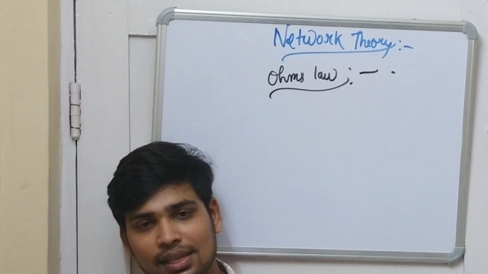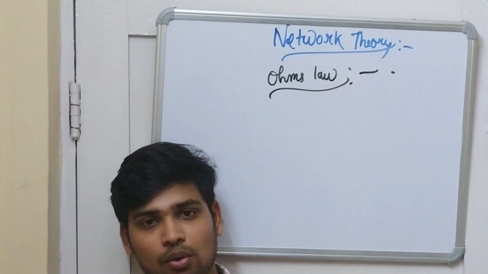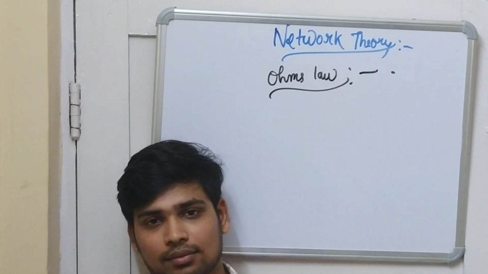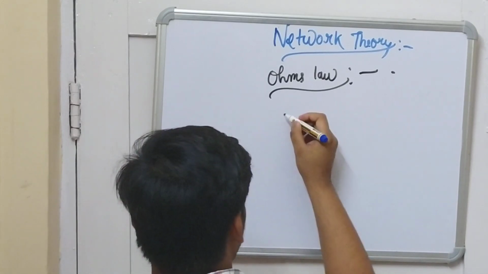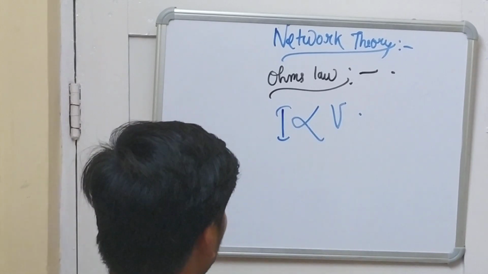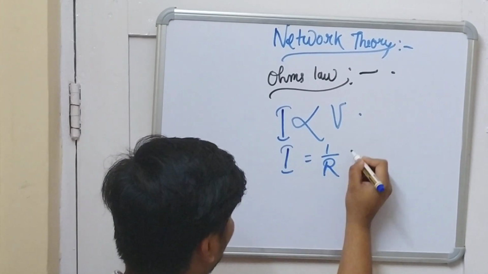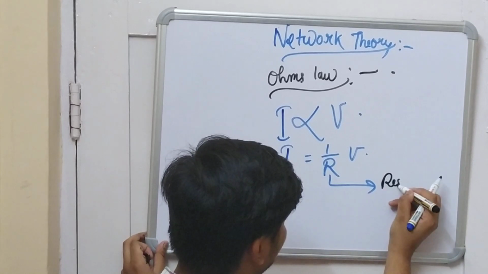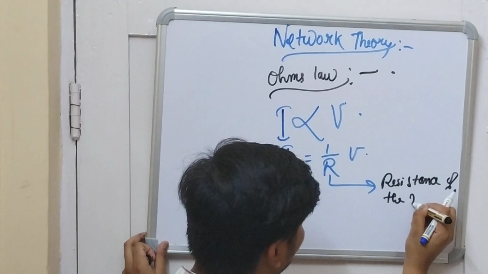The current will only come when the load is connected. Means potential difference is always present, and current will only come when the load is connected. So I is proportional to V. Now this proportionality constant can be replaced by a constant known as 1/R, and this R is known as the resistance of the material.